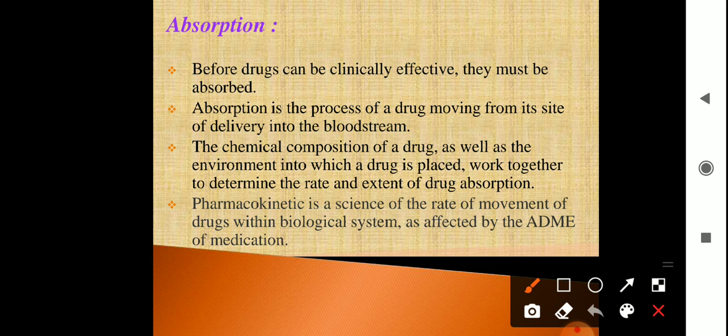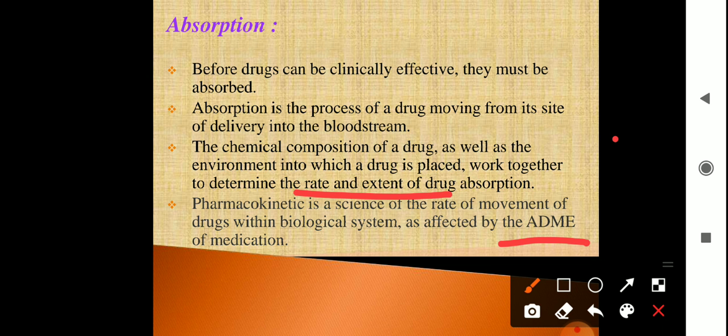Pharmacokinetics is the science of the rate of movement of the drugs within the biological system that is affected by this ADME. You can see this, the ADME of medication.